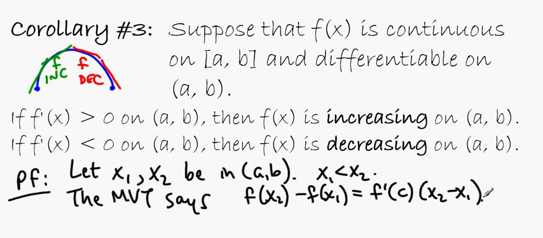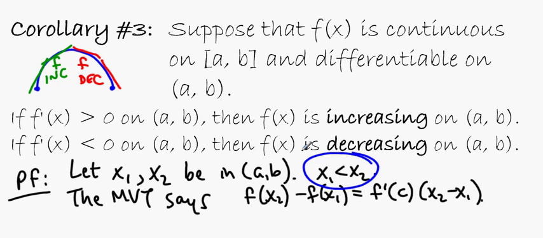And I'm going to hit the mental pause button on that just to reiterate. The mean value theorem says f of b minus f of a over b minus a equals f prime of c, and we just kicked the over b minus a up to the other side of the equation.